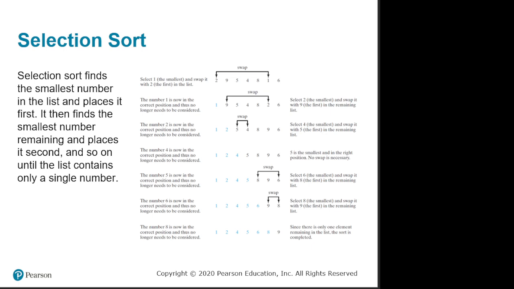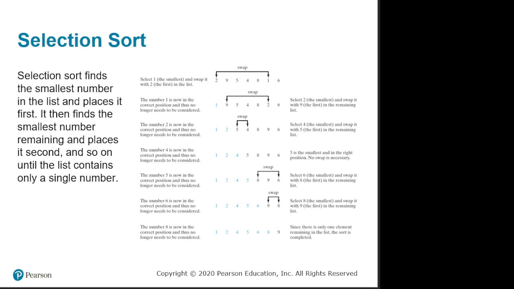And then what we're going to do is work our way through the entire list and find the next smallest thing. So we're still inside our for loop here.